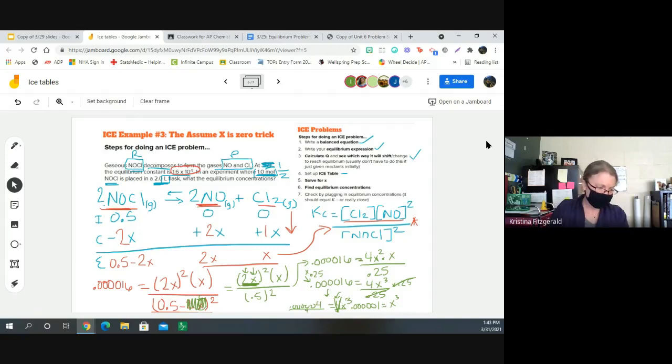This is where it gets funny. We have to cube root. So on your calculator, I don't remember how. Mine is an old one.